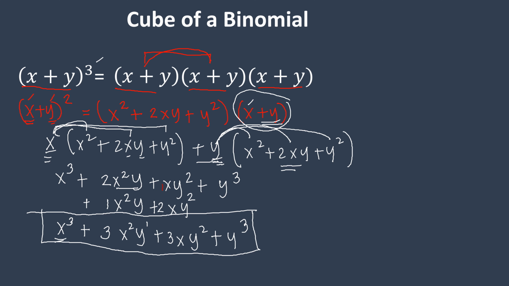There is the presence of 3 in the second and third terms. Where did we get this 3? This 3 is simply from the exponent of the binomial. So in the first term, we're able to cube our first term, which is x, in the binomial.